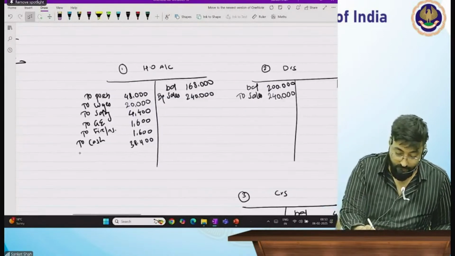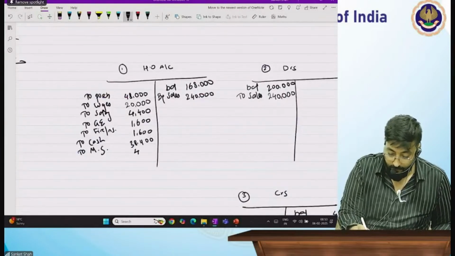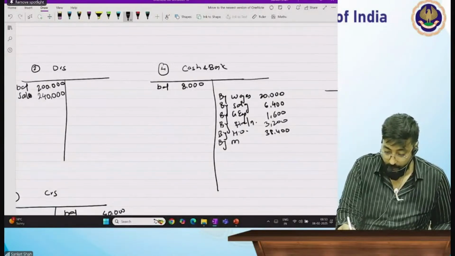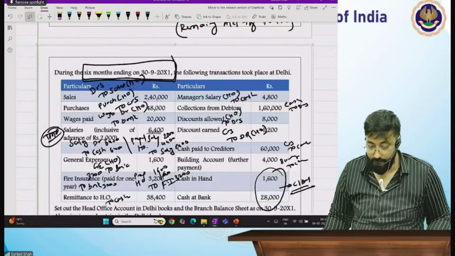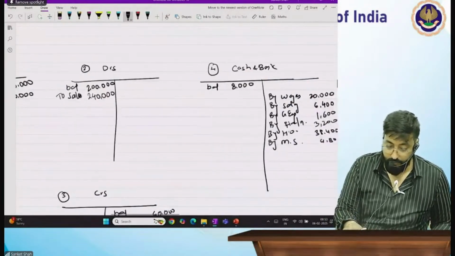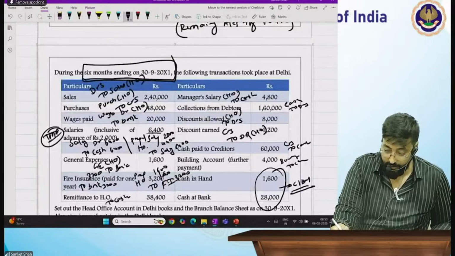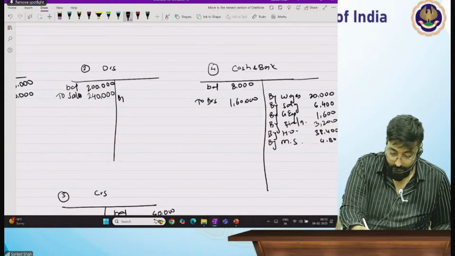Credit to manager's salary, 4,800. Manager's salary 4,800. Next. Collection from debtors, sir. Cash to debtors, yes, sir. Debtors 1,60,000. Debtors by cash 1,60,000.